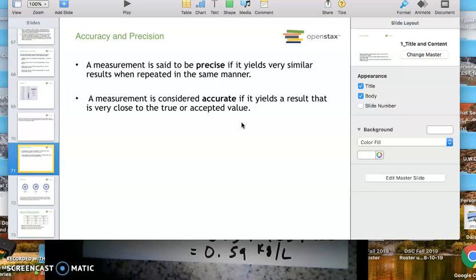So in that case, that data would be very accurate. If I did multiple experiments, measurements where I got the density of water to be 1.0 grams per liter every time, it would also be precise. So I'd have had that same value over and over again. That would mean my data was also precise.